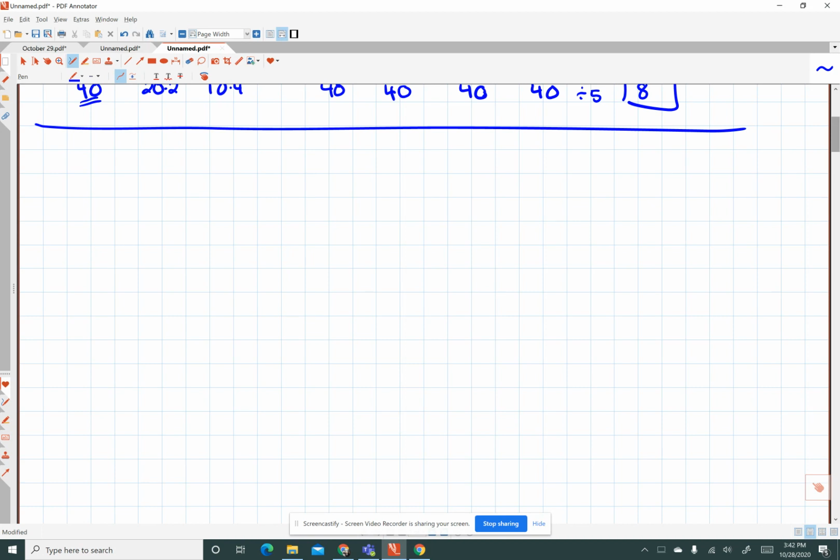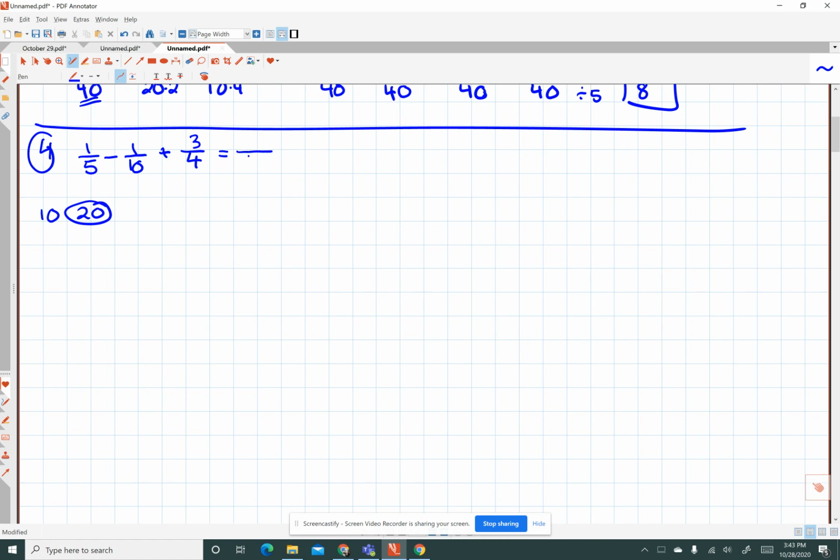That's problem number 4. So multiples of 10 are 10, 20, and that's a multiple of 5 and 4 as well.